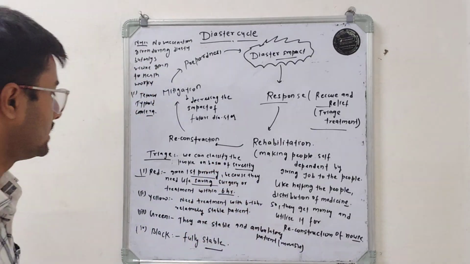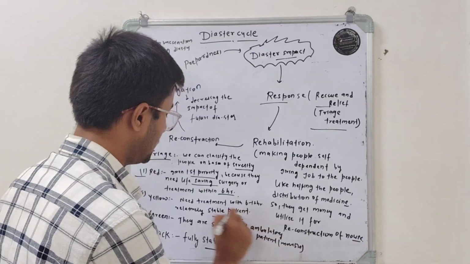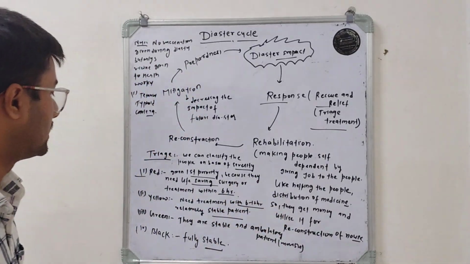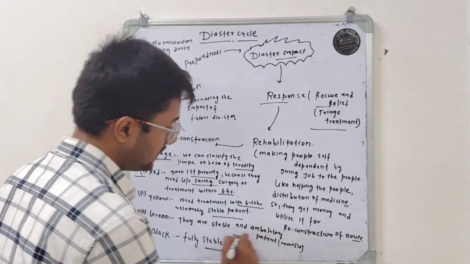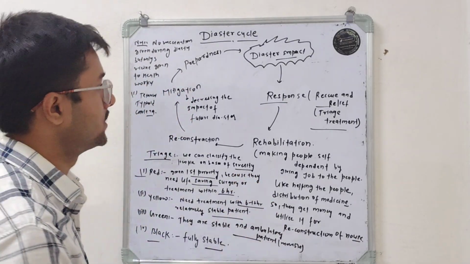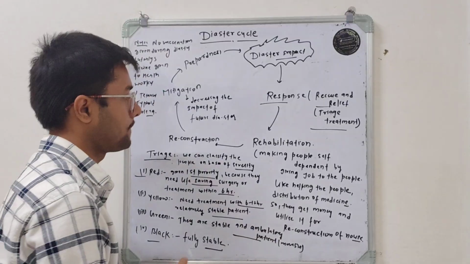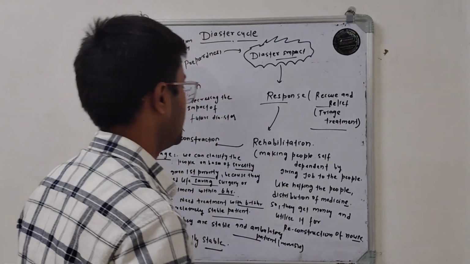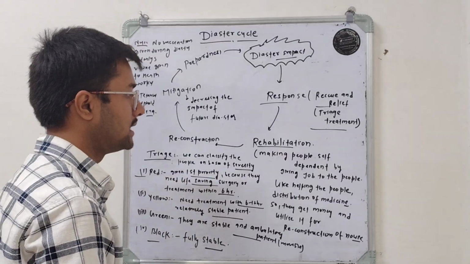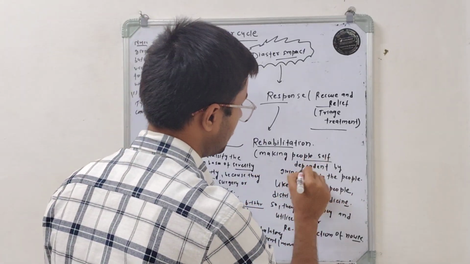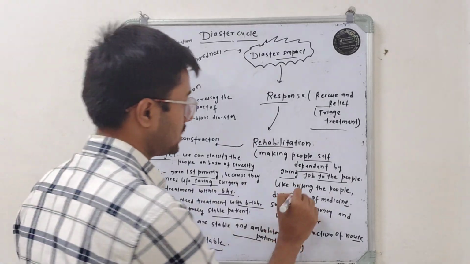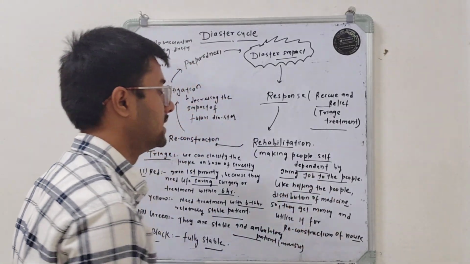The yellow category is relatively stable patients. They need treatment within 6 to 12 hours. The green are the stable and ambulatory patients. And the black is the fully stable patients. The second step is rehabilitation. In rehabilitation, we make people self-dependent by giving jobs to the people, like helping with the distribution of medicine.